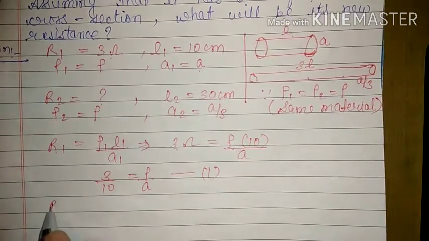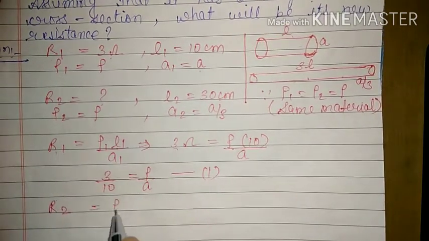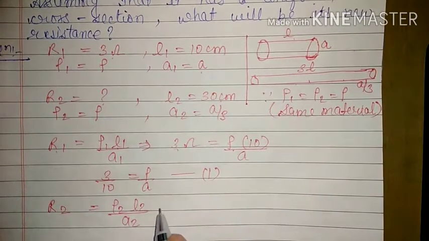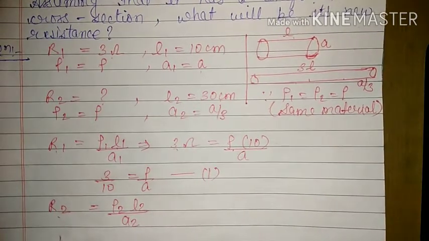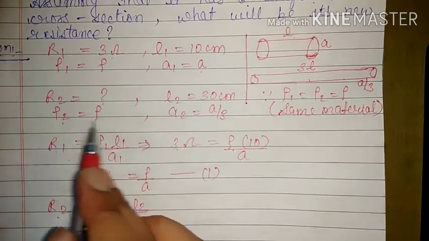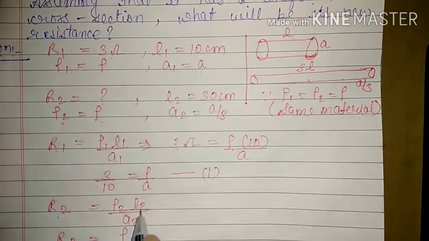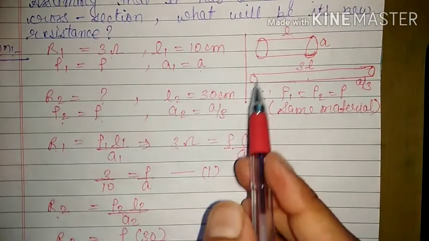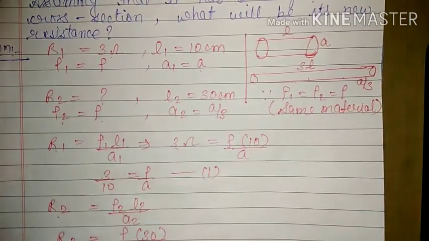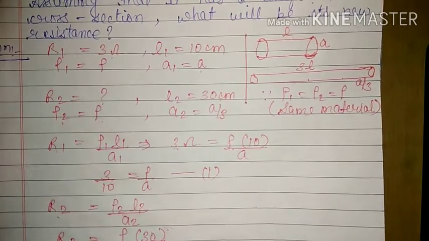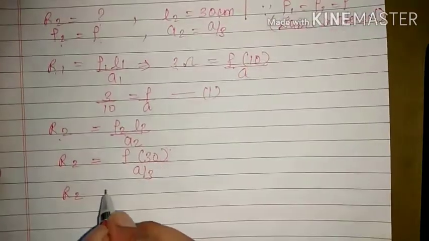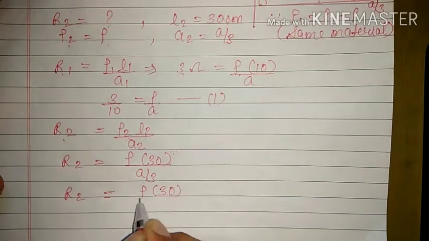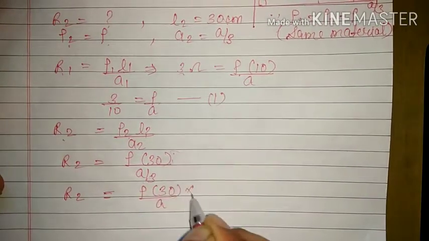Now we have to calculate R2 resistance, that is equal to rho 2 L2 upon A2. So R2 is equal to rho L2, that is 30 centimeter, upon A2, that is A by 3. This 3 will move here, that means R2 is equal to rho into 30 upon A, and this 3 take it here.